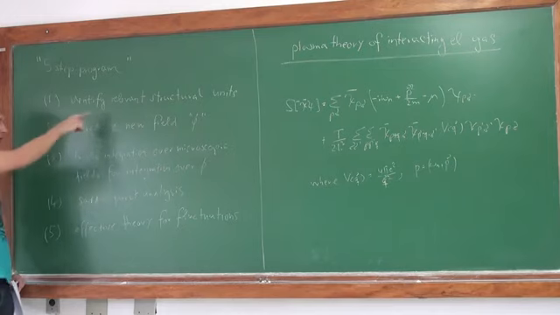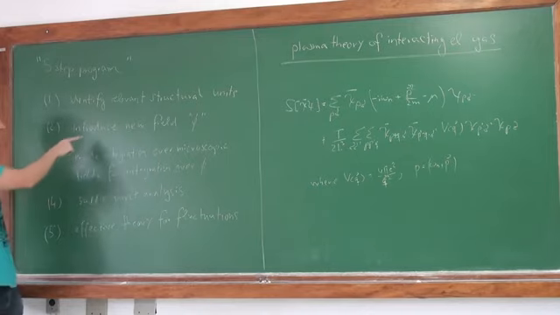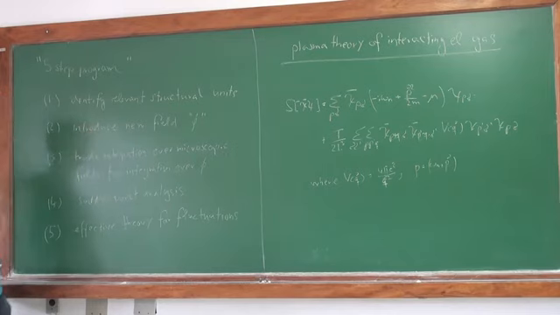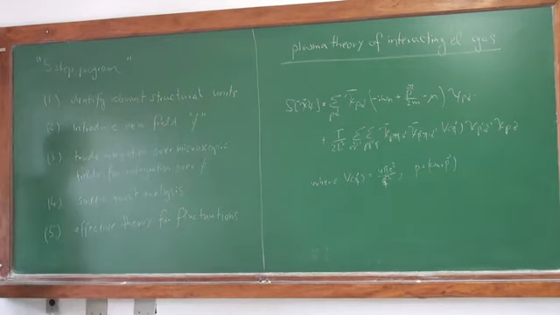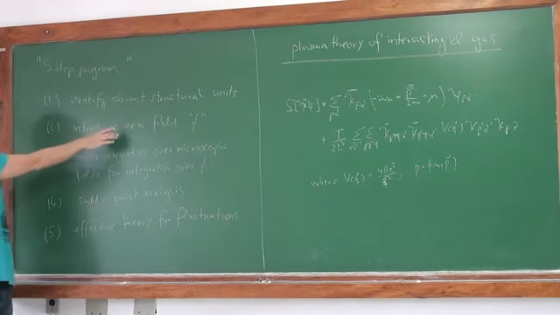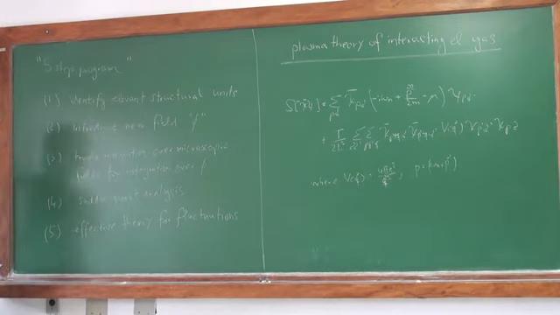Once we have identified certain blocks of diagrams which are relevant, this allows us to see a clever way to introduce a new field, which is a composite object of the microscopic degrees of freedom. We will discuss in detail today how this is done and what the possibilities are for introducing this field.